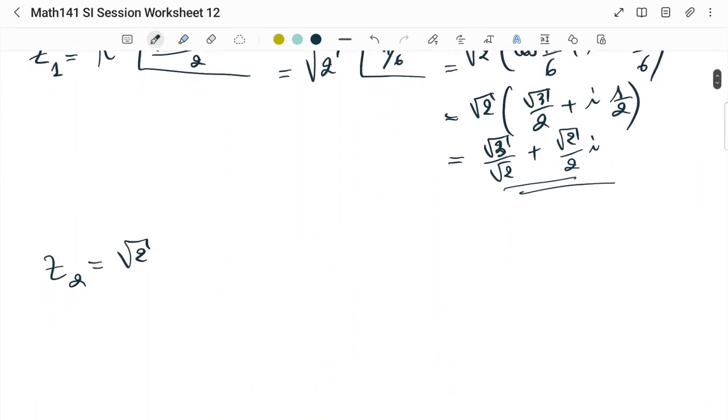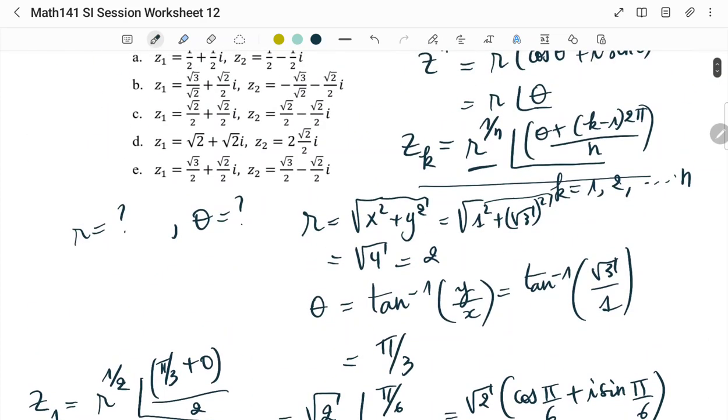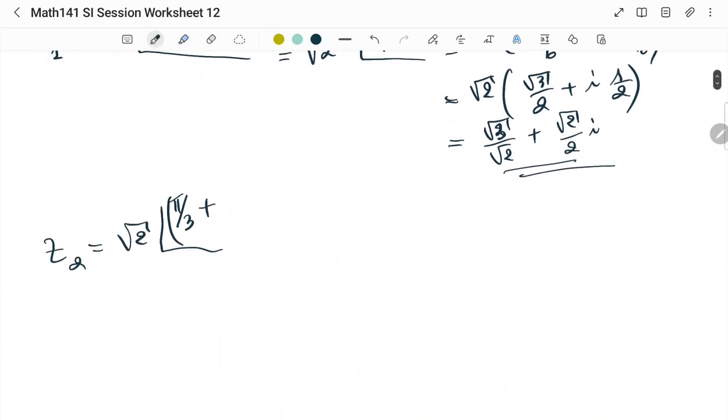So the second root will be root 2, and the angle would just be pi over 3, plus k minus 1, k is equal to 2, so that's 2 minus 1, that's 1 times 2 pi, so 2 pi, all divided by 2, which is equal to root 2 with the angle being 7 pi over 6.